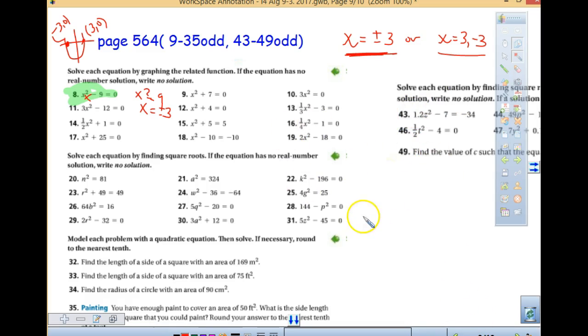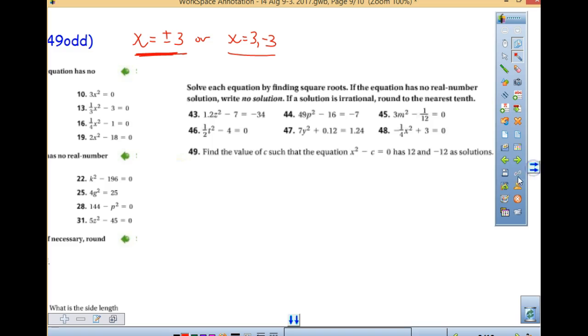These last ones over here, when you do the 43 through 49 odd, they just get a little uglier with fractions and decimals, but set them up the same way. Get your z squared. Like you add 3 first, or add 7 here first to both sides, then you divide.